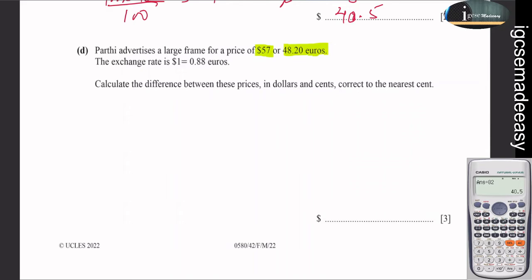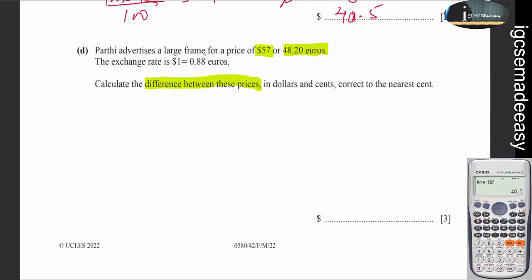Calculate the difference between these prices in dollars and cents. So actually he is advertising the larger frame in dollars also. In dollars he is advertising $57, but in euros he is advertising only 48.20 euros. So we have to find the difference in dollars and cents.